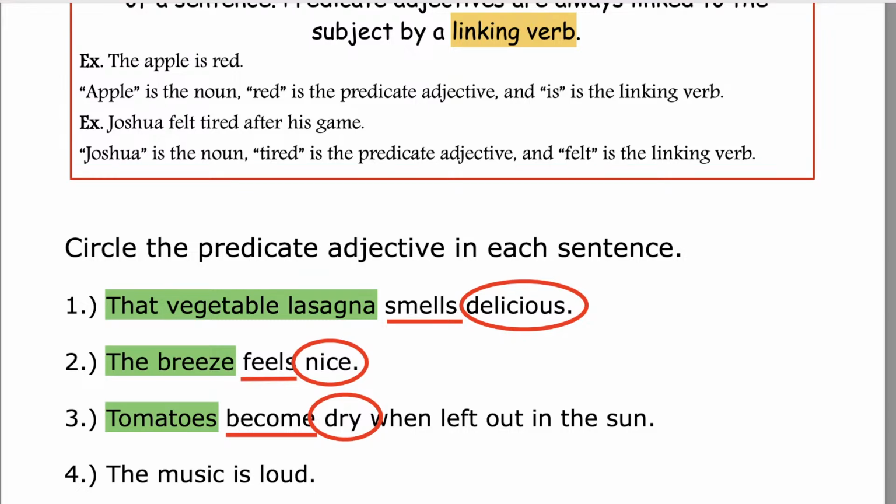I think that's an action verb. But the idea here is that you're getting used to looking for what the action is doing or saying about the subject in this case. So what is the action in this case saying about the subject?